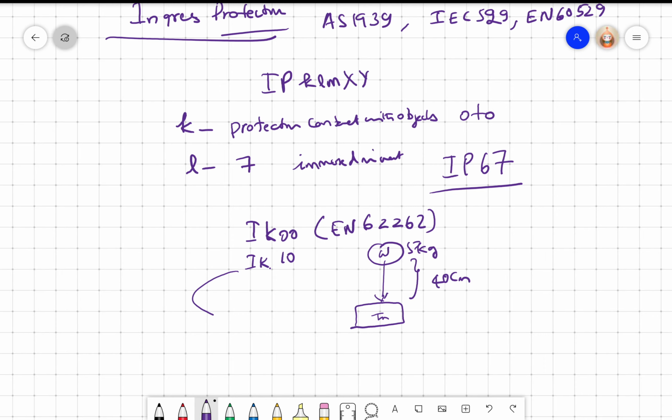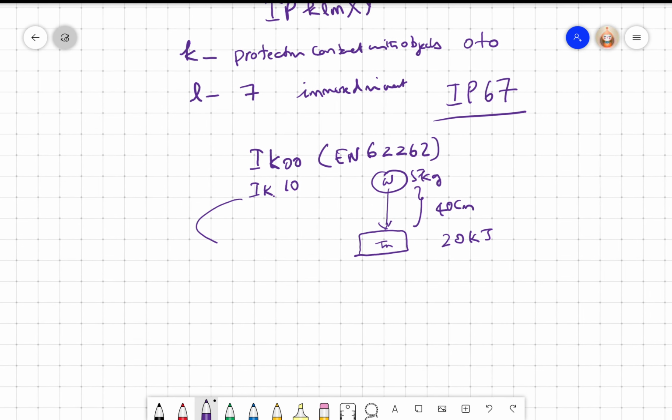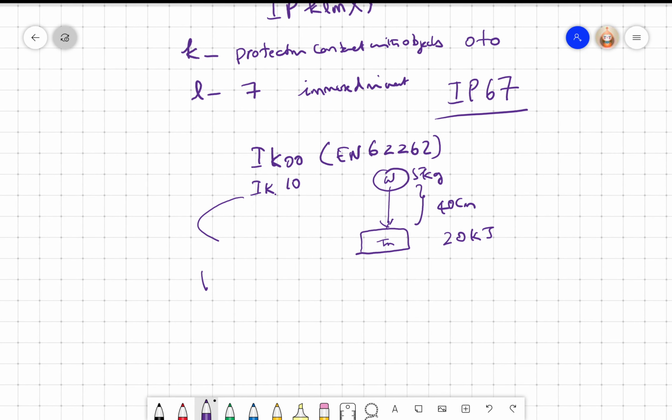So if I calculate the amount of energy that is imparted when the 5 kg falls from a height of 40 centimeters on the transducer, it is roughly about 20 kilojoules, right? It can withstand. There is one more: vibration and shock. Of course, you simply shake the transducer to a certain level.